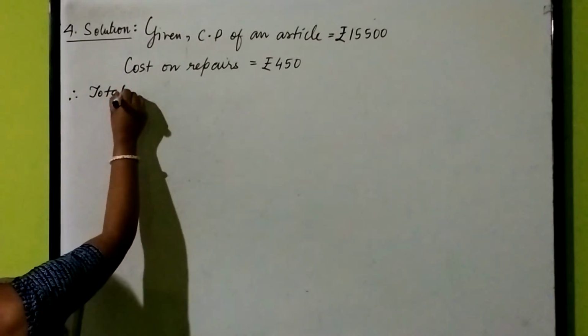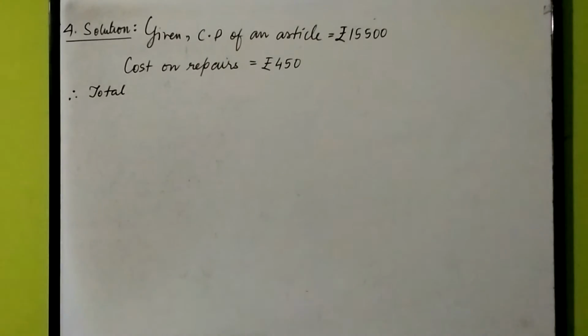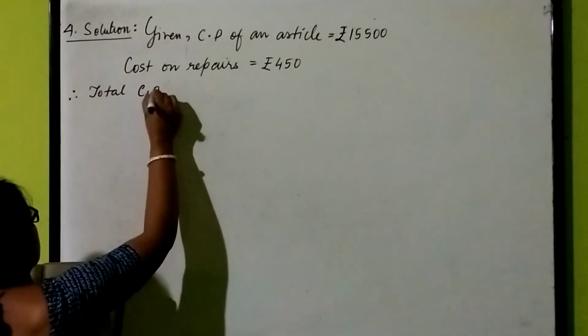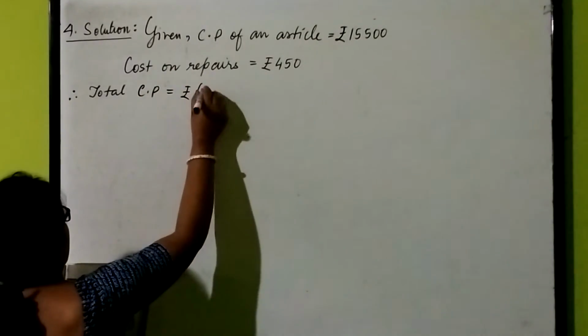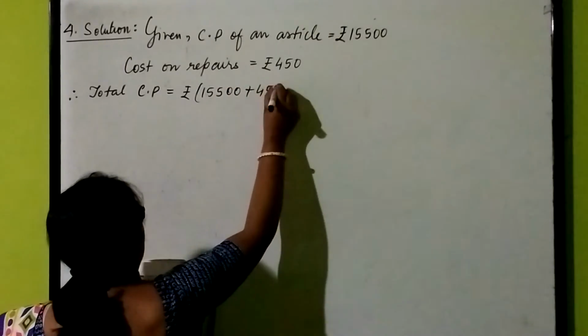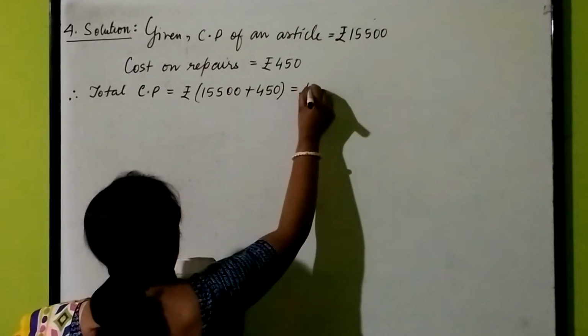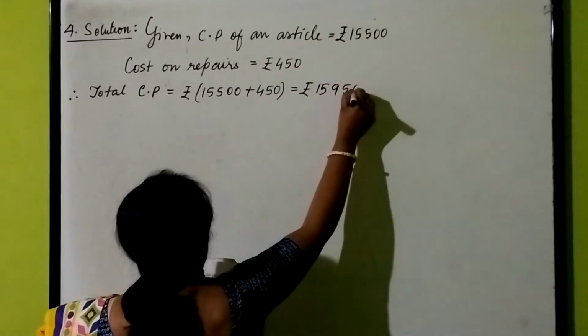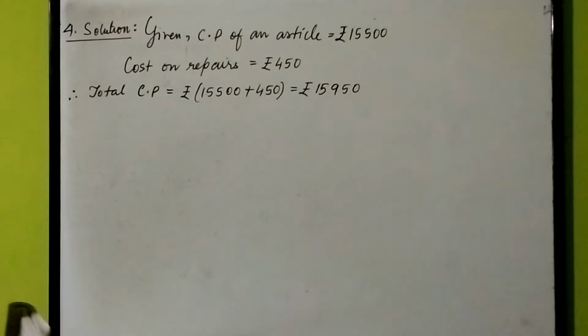Therefore, wherever there is cost on repairs and transportation cost, you have to find the total CP. Total CP equal to rupees 15,500 plus 450, that will come to rupees 15,950. Wherever the question of cost price comes, take this in your calculation.